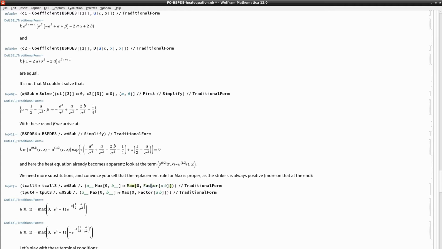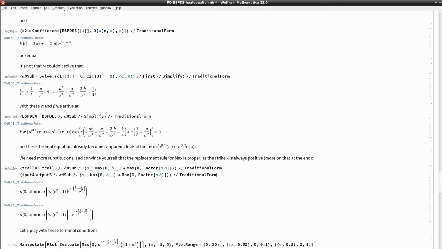And I want to factor out the expression that we have inside the max already. So I do this in one step. And if we do that, then we can see that we now have these expressions inside the max. We have our expressions involving a and sigma, x, and our transformed strike k in the terminal conditions.